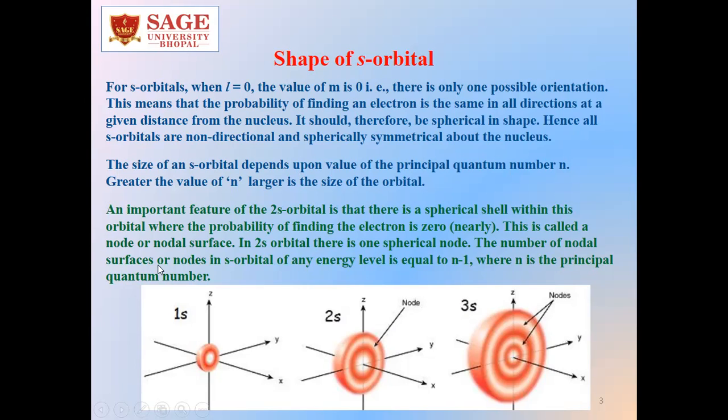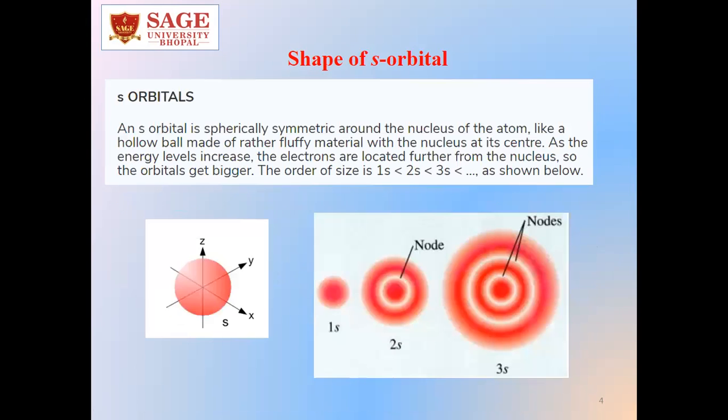The number of nodal surfaces or nodes in an s orbital of any energy level will be equal to n minus 1, where n is the principal quantum number. So an important feature is that the probability of finding an electron is zero in a space, and that is known as nodes or nodal surface.